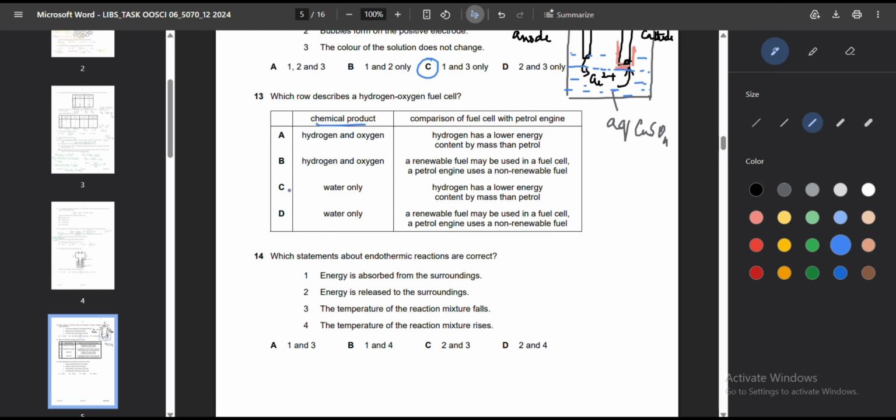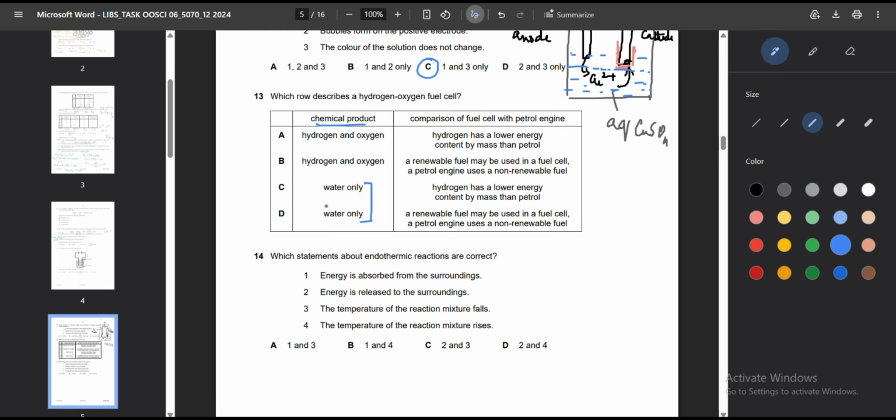So that means out of C and D we have to decide which one is the correct option. Water is always produced, and the fuel used in the fuel cell is hydrogen. So in a fuel cell, hydrogen is the fuel and oxygen from the air is the oxidizing agent.